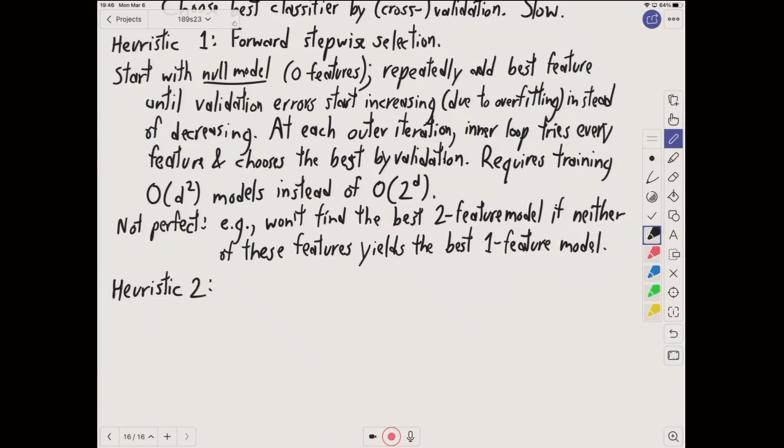Now, the second heuristic is very similar to the first one. It's called backward stepwise selection. And here, instead of starting with the null model, you start with the loaded model, which has all D features.